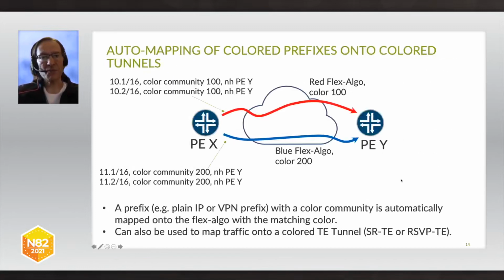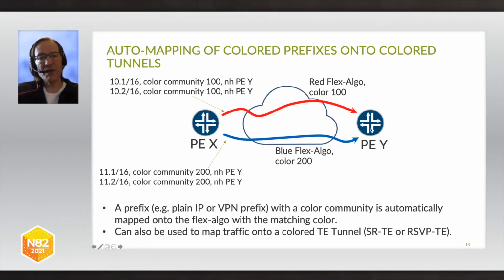So let's have a look in more detail about how this auto mapping is working on the basis of colors. And so in the example, we've got a network. We're not showing the core routers. We've got two flex algos in use. We've got the red one, which has color 100 ascribed to it. And we've got the blue one, which has got color 200 ascribed to it.